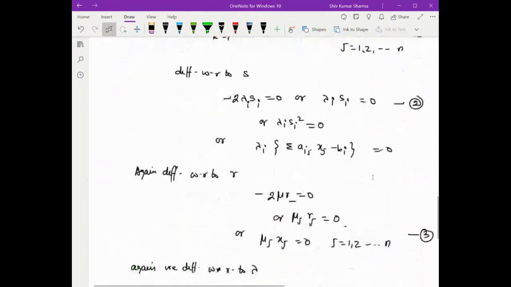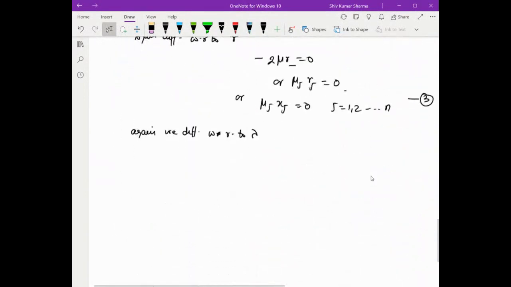So with respect to lambda i, you see that we write summation of j equal to 1 to n a i j x j plus s i square minus b i equal to 0.